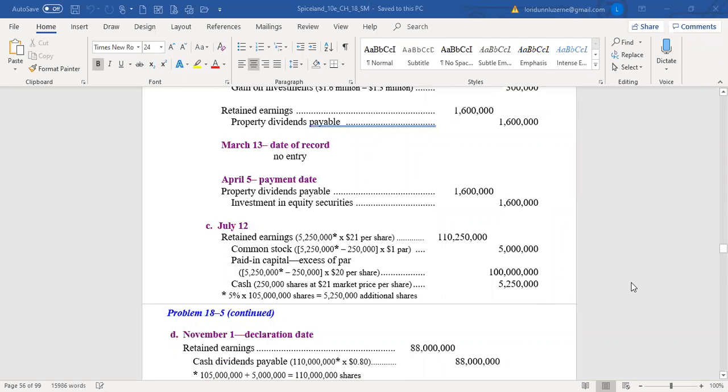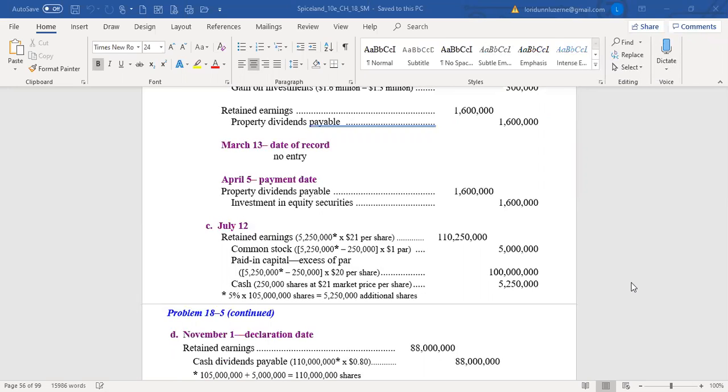This will impact us when we go to our next transaction, because on November 1st, 2022, the BOD declared a cash dividend of 80 cents per share on its common stock, payable to shareholders of record November 15th, and will be paid December 1st.